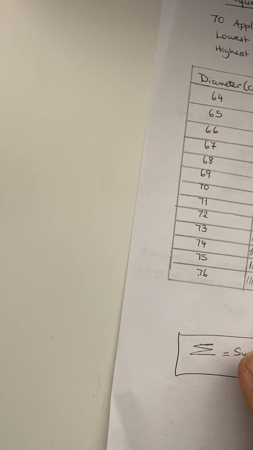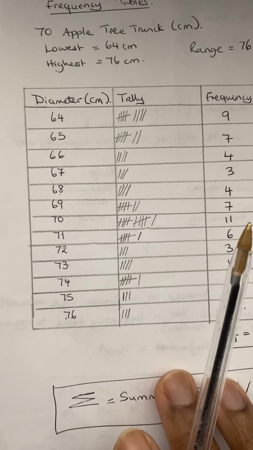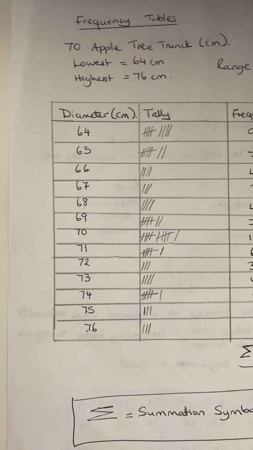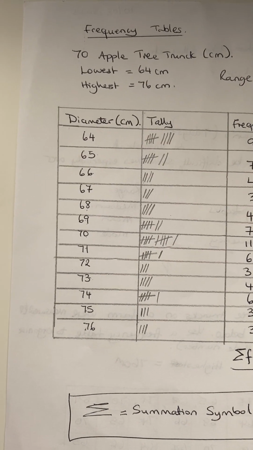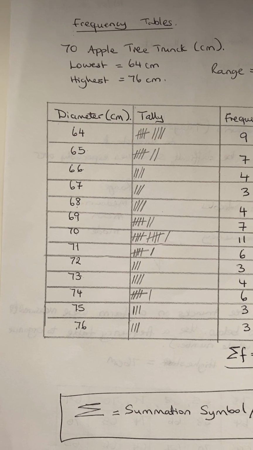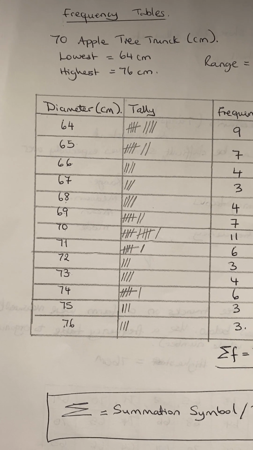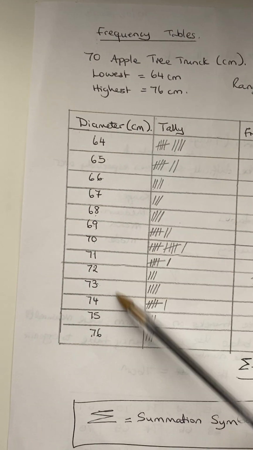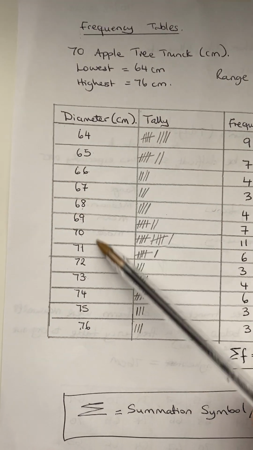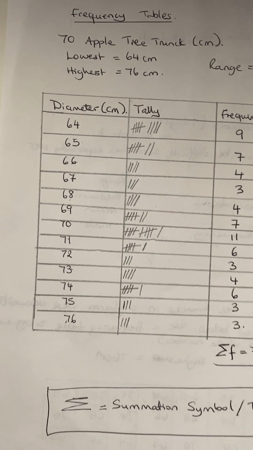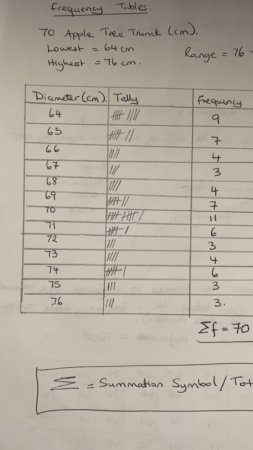If you see a long set of data, you have to start thinking of a frequency table. Now, are you going to group them or not? This is not grouped data. This is just a single set of data. It depends on what the question is asking you to do.